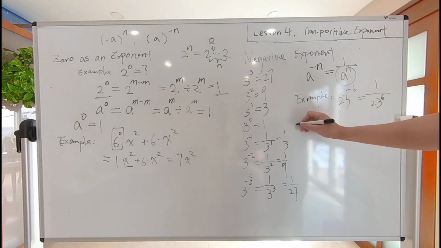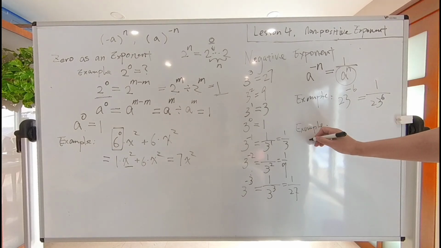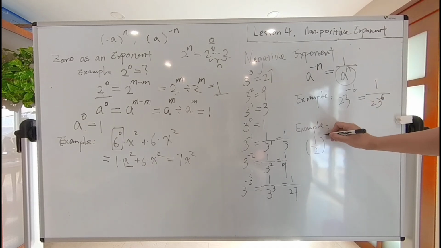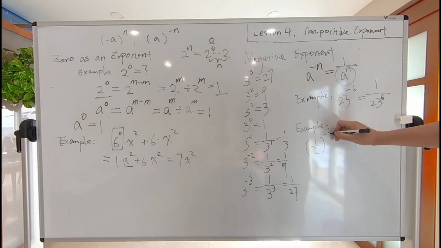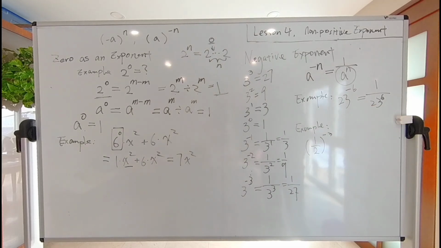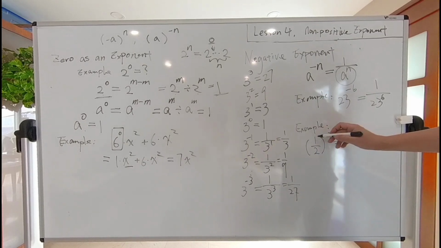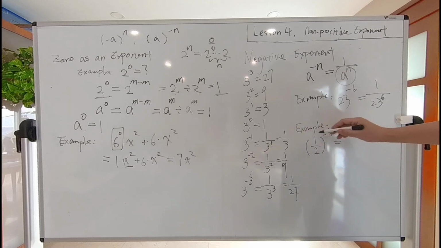And I can further use this conclusion to calculate the negative exponent of a fraction. So if I have 1 over 2 to the power of -3, then again, it doesn't matter what number it is, I just consider this as one whole number.